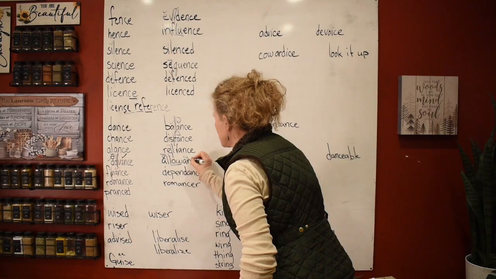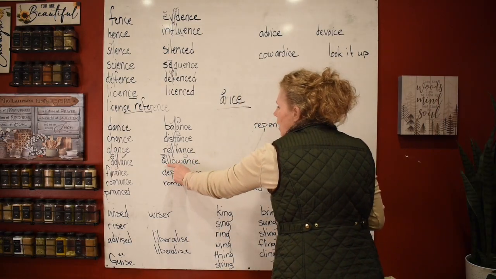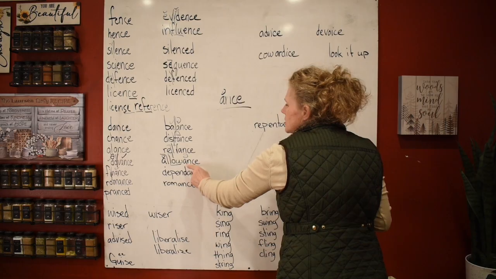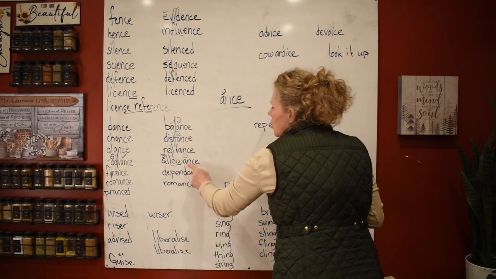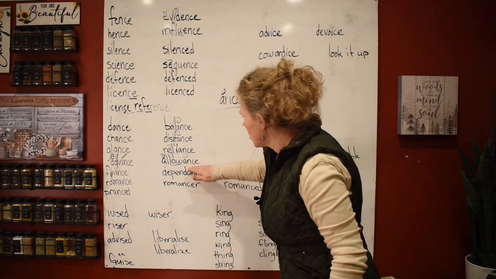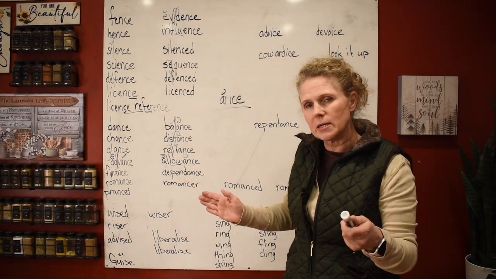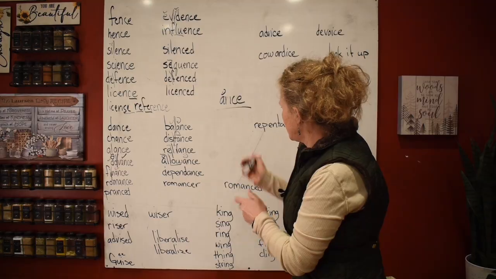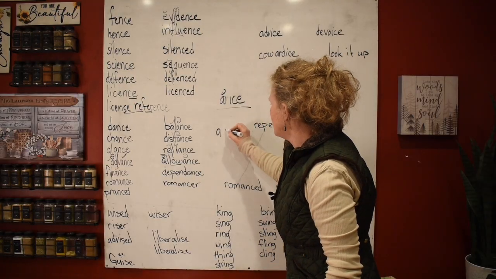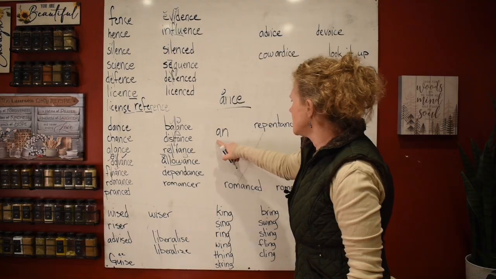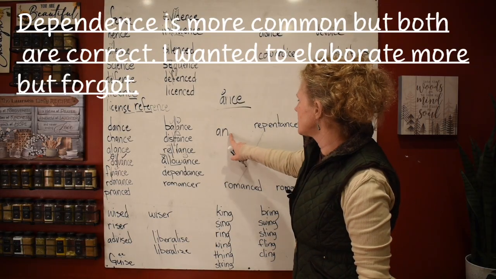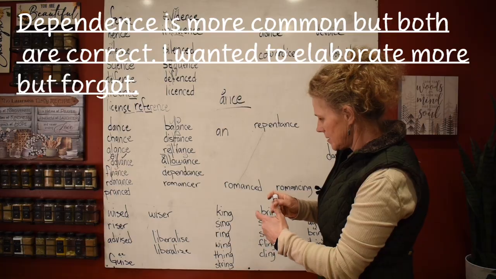See how both of these turn to schwa, ence, allowance, because they're not accented and they're closed. These are closed syllables. Now remember what a closed syllable is. It is a vowel and then a consonant at the end. That's a closed syllable because there is something closing it in at the end.